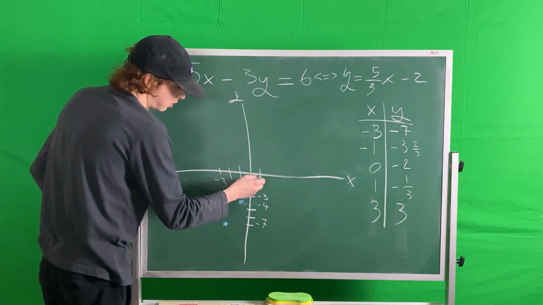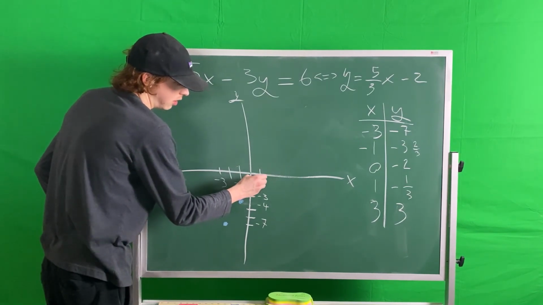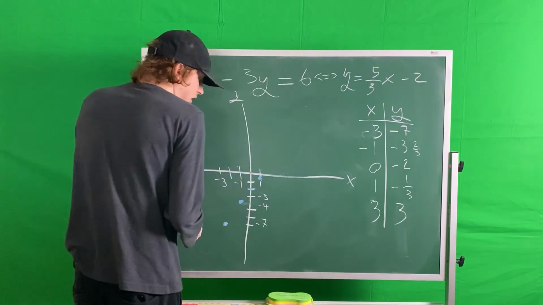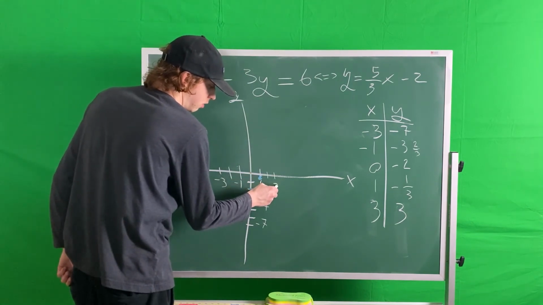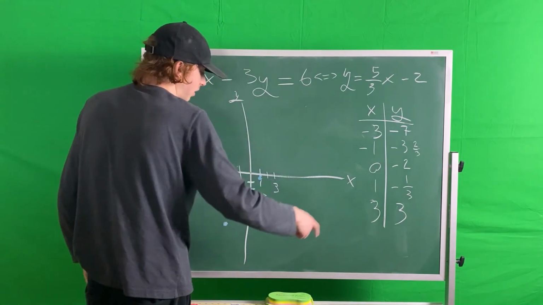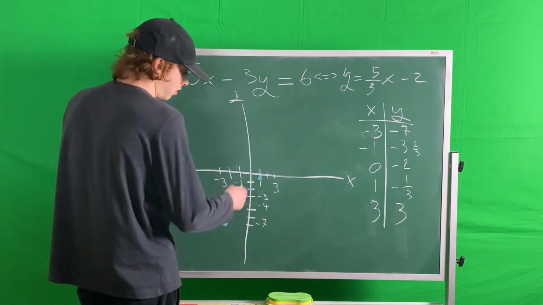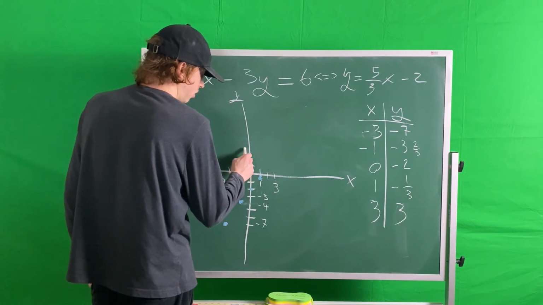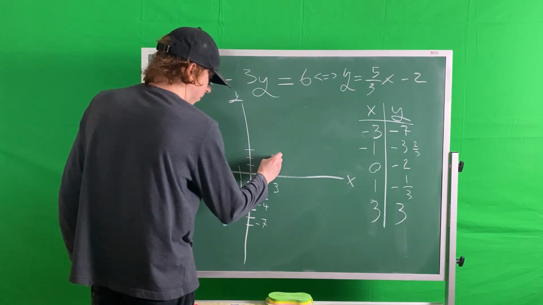So -1/3, this would be right here, very roughly. And then we have 3, 2, 3, and it would be a +3. Quite the jump. So we have 1, 2, 3, 3, 3.